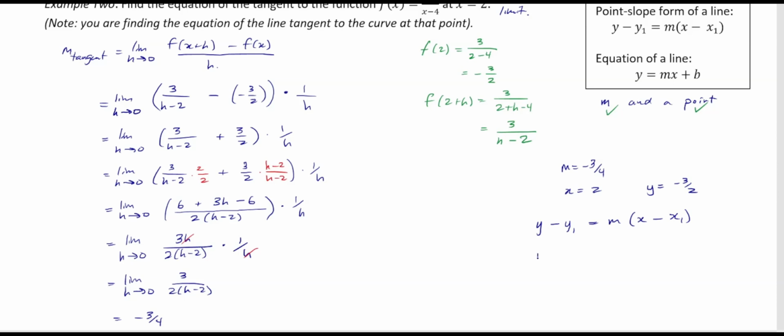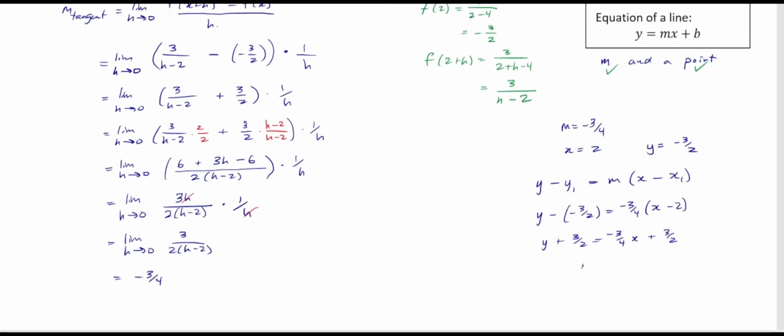So let's sub this in: y minus y1, so y minus negative 3 over 2 is equal to negative 3 over 4 times x minus 2. Let me clean this up. We get negative 3 over 4x, and then this would become plus 3 over 2.